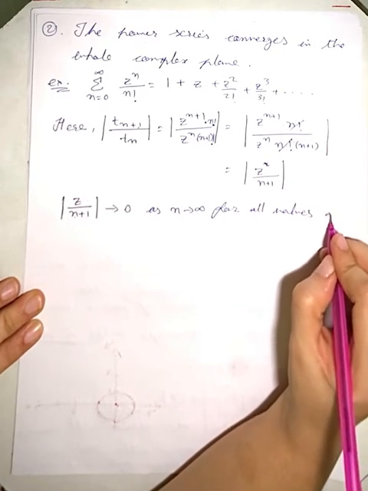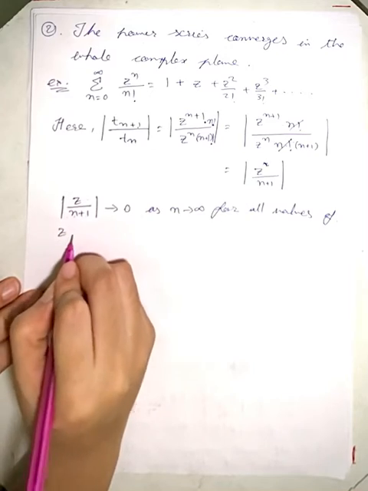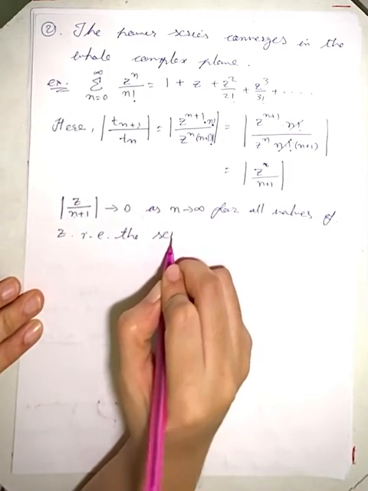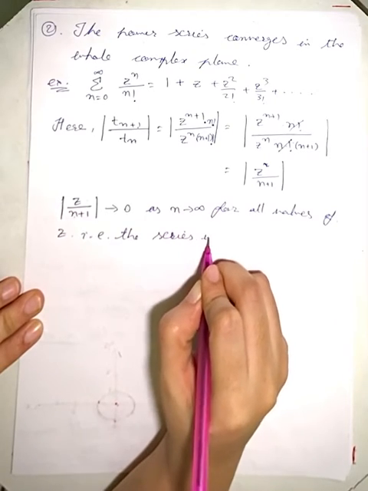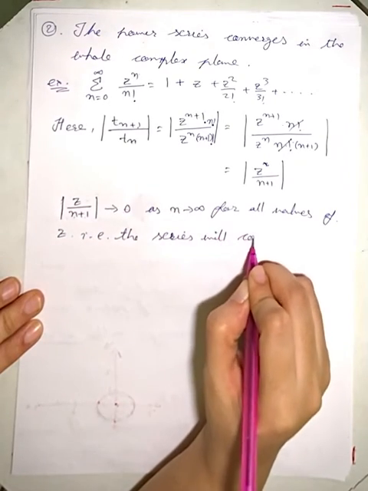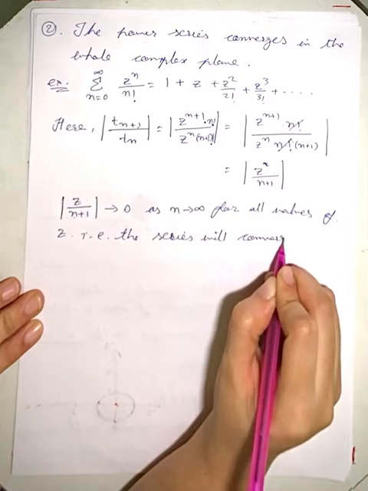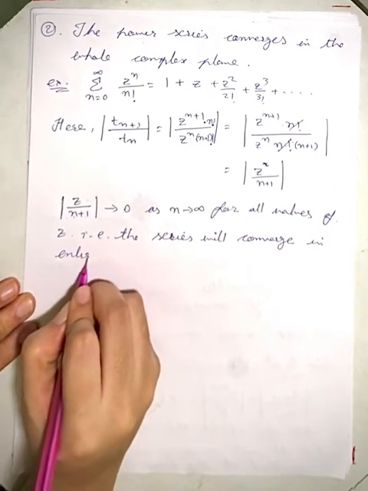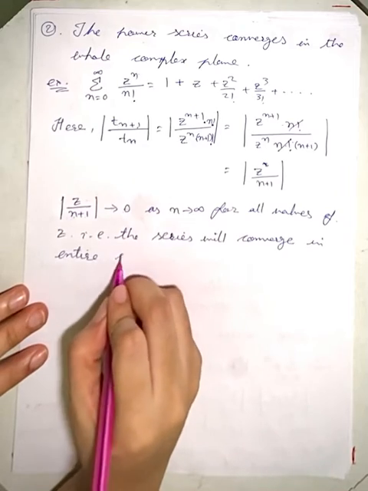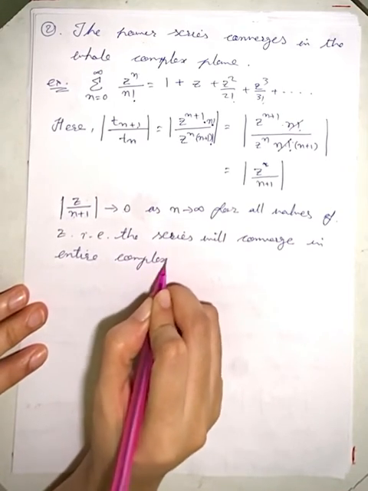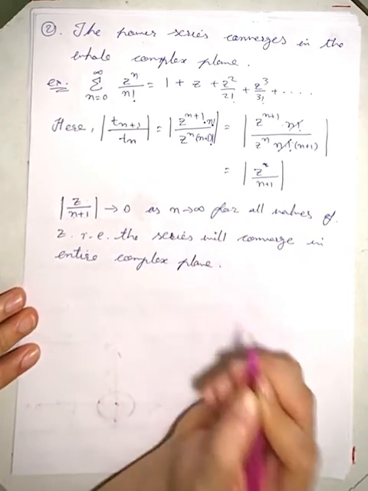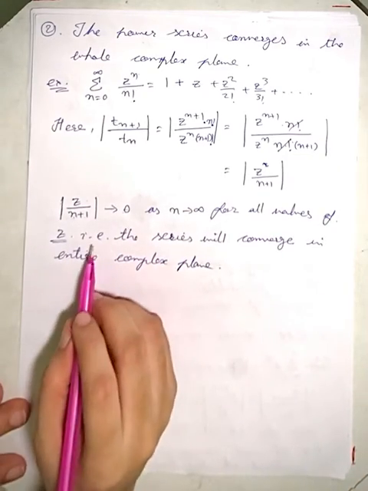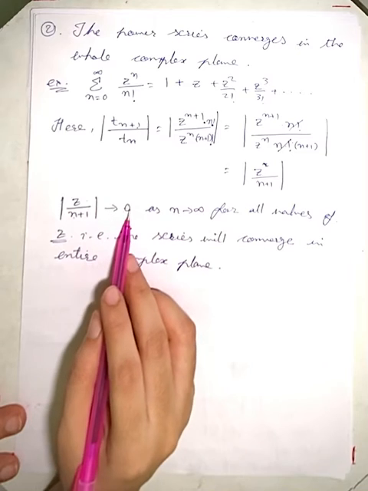That is, the series will converge in the entire complex plane, because this is valid for all z, that means the whole complex plane is involved and it will tend to 0.